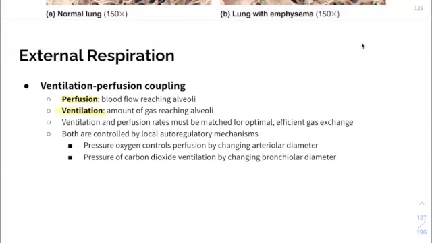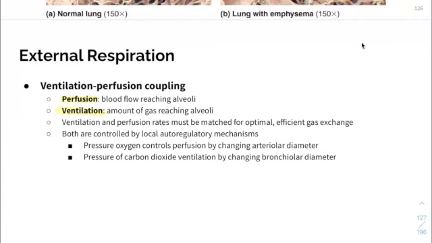So we need the gas, that oxygen, to get to that alveoli. We need the blood to get to that alveoli for gas exchange to happen. And the rates kind of have to match each other to be very efficient. And our body likes to be as efficient as possible in any task that it does.